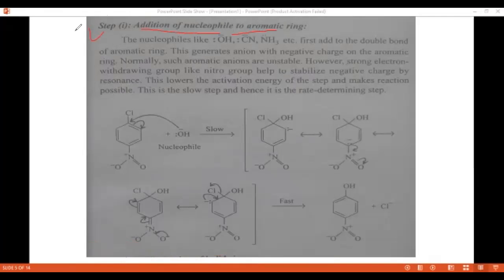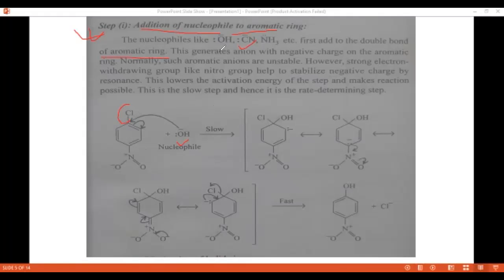Now let's see step 1, addition of the nucleophile to the aromatic ring. This is para-chloronitrobenzene. Nucleophiles like hydroxide ions, cyanide, and ammonia first add to the double bond of the aromatic ring.